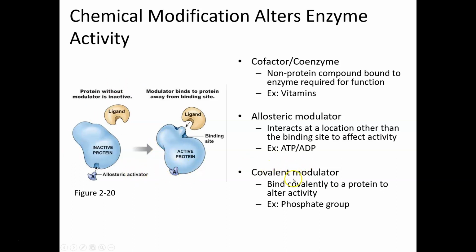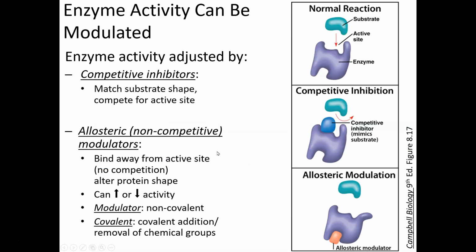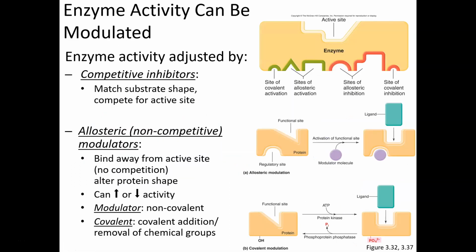Covalent modulator is when we bind covalently some other molecule to a protein, again, to alter activity. Very common thing to do is with phosphate, okay? And this is showing a couple things that show how this works.